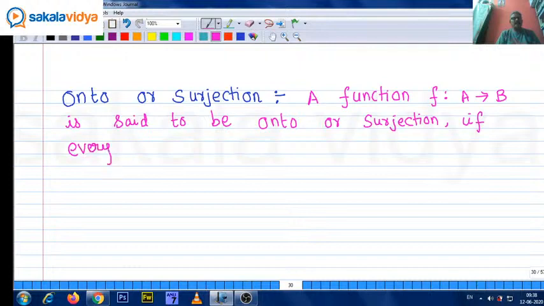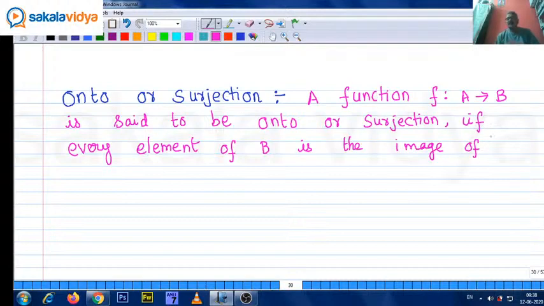every element of B is the image of some element of A under map f.